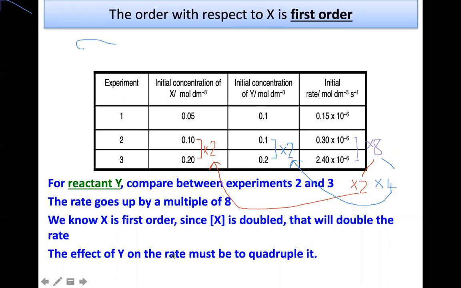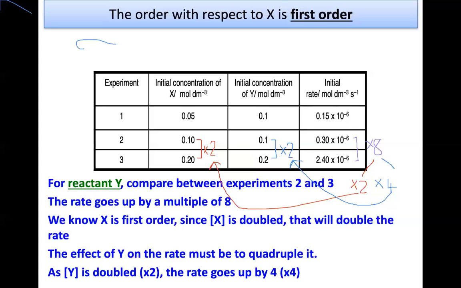The effect of Y on the rate must be to quadruple it. As we double the concentration of Y, the rate is quadrupled. Or as we increase the concentration of Y by 2-fold, the rate increases by 4-fold. So this tells you that Y is second order.